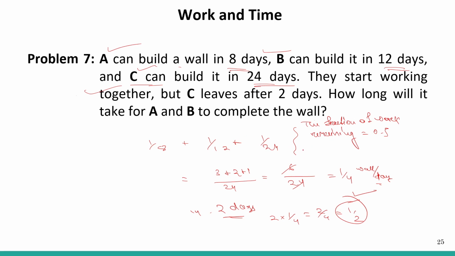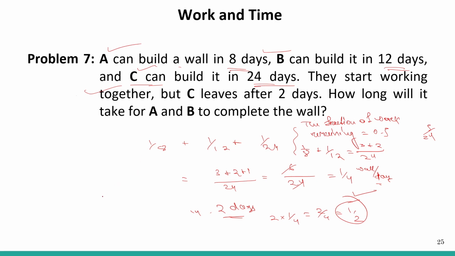Right now, after C left, what is the combined work rate? The combined work rate will be 1 by 8 plus 1 by 12, so over 24, 3 plus 2 is equal to 5 by 24. So 5 by 24 is the combined work rate.